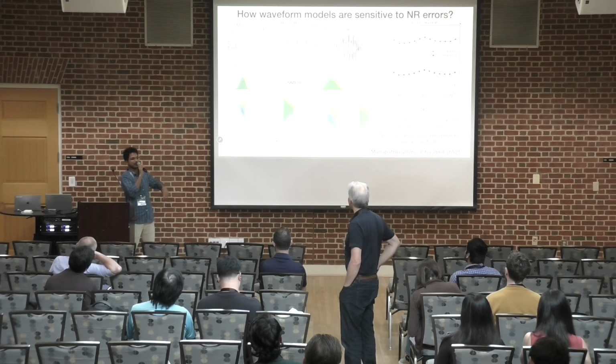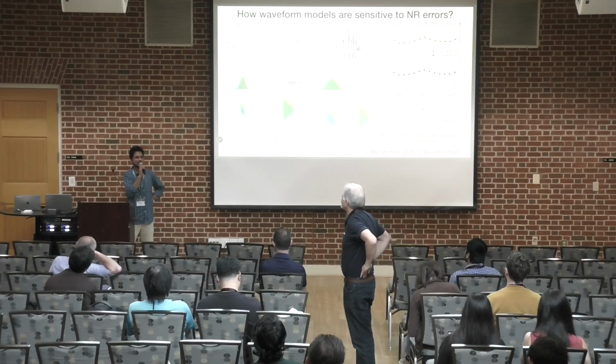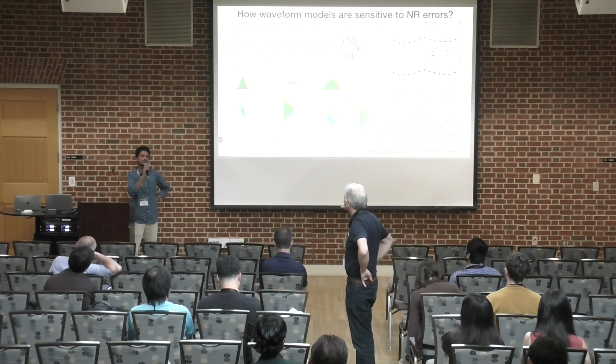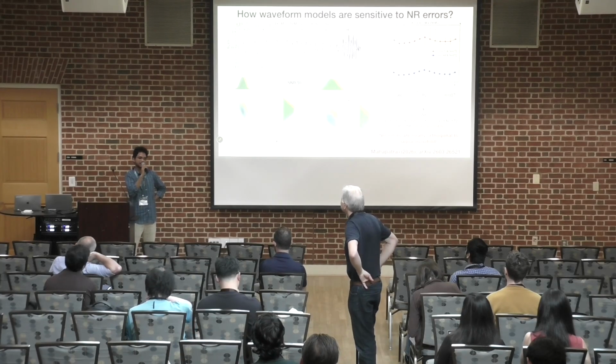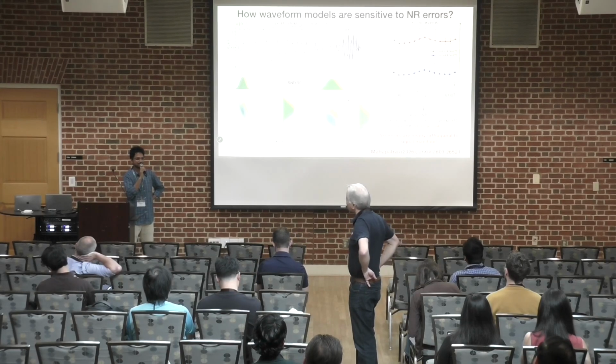I already mentioned that we don't have a good accuracy measure to precisely pinpoint, if you have a model, at what SNR you will see biases. We have some estimates of the magnitude, but we don't have accurate pinpoint tools.